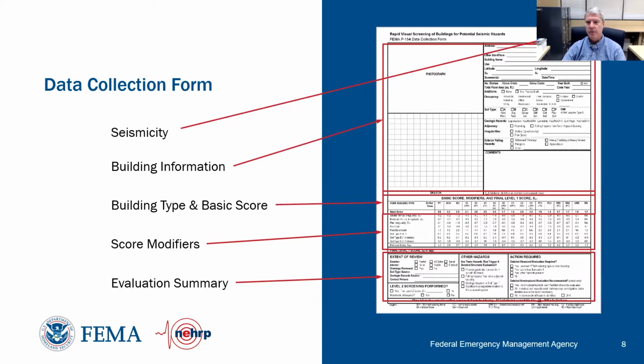And then the basic summary of action required is, do I need to perform further evaluation for my building? That's the outcome of the action required box. And there are areas for recording the building summary and also for non-structural components.